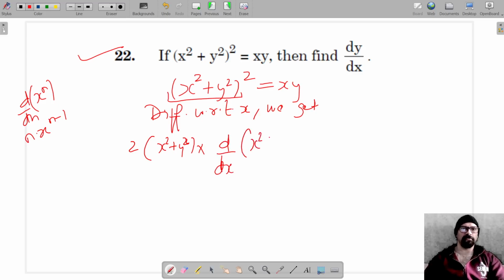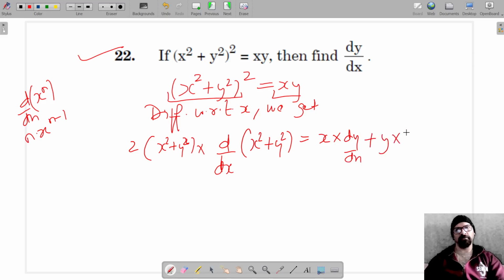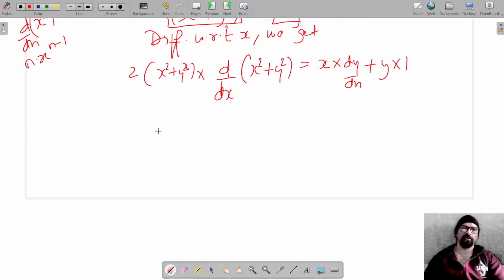again it will be the differentiation of x squared plus y squared, and here we are going to use the product rule: first function into the differentiation of y, which is dy by dx, plus y into the differentiation of x, which is 1.